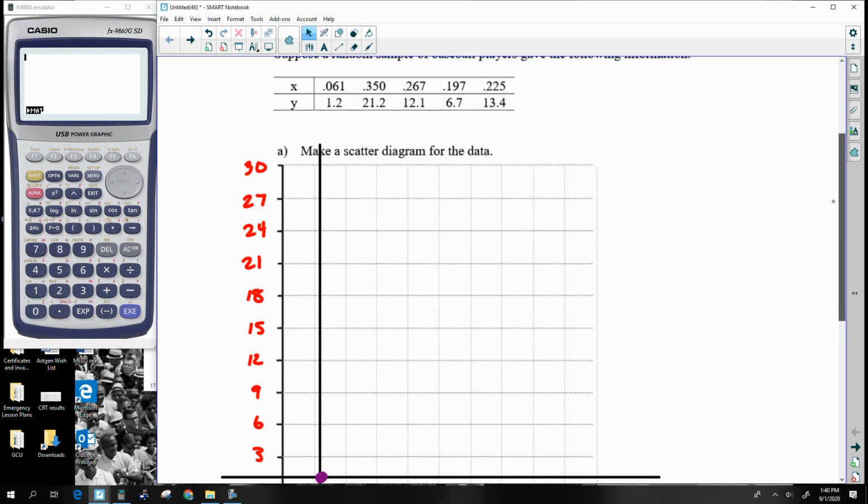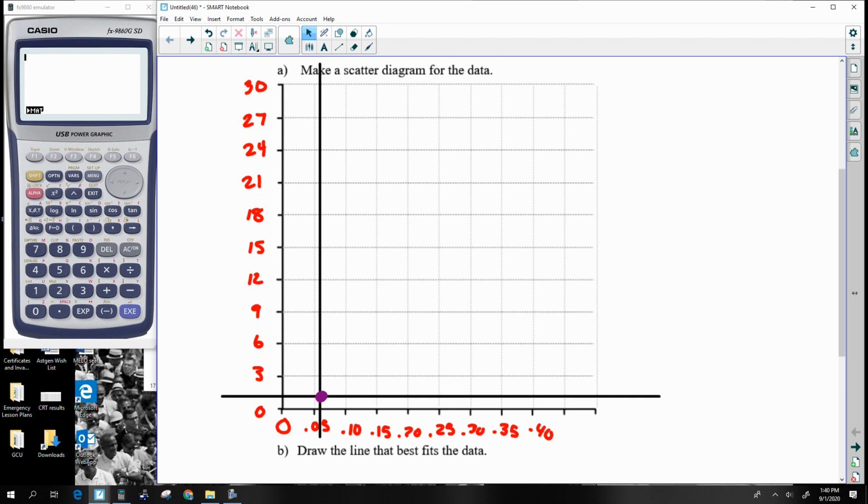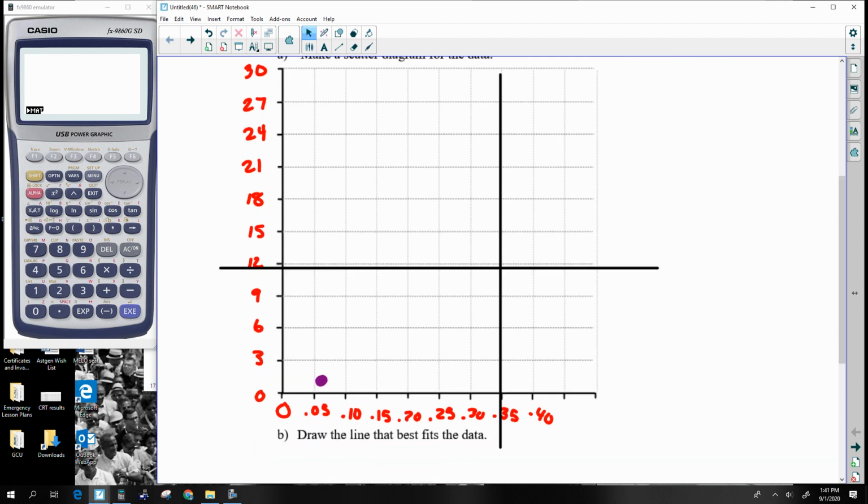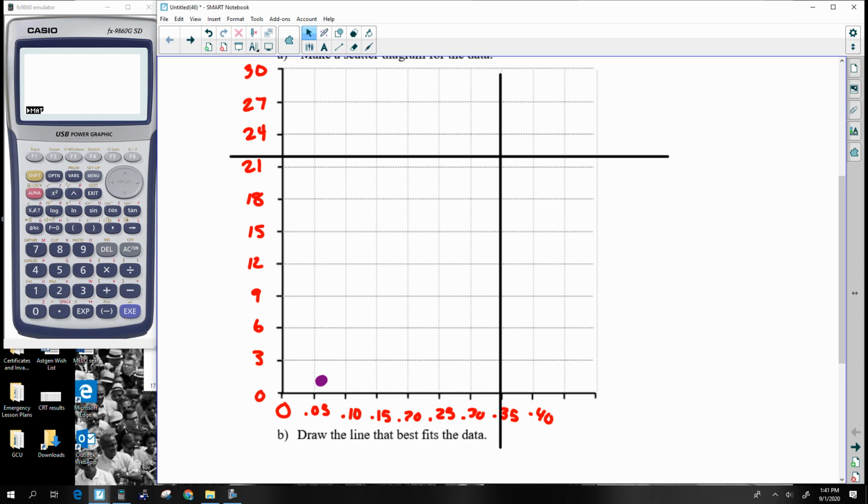The next is going to be at 0.35 and 21.2. 21.2 is real close to the 21.